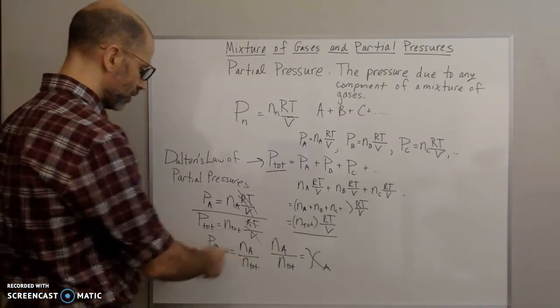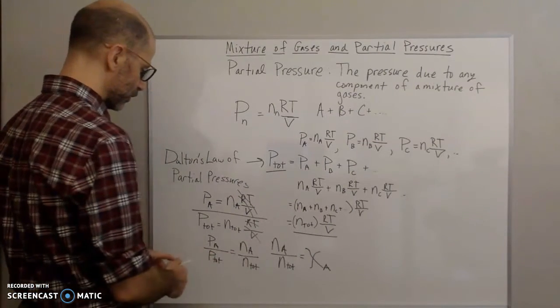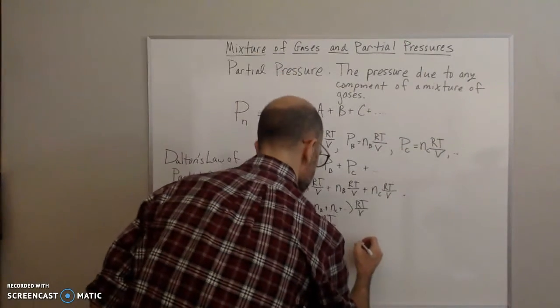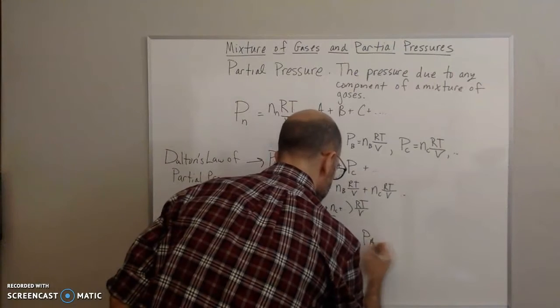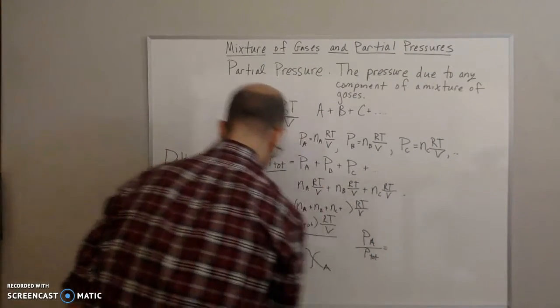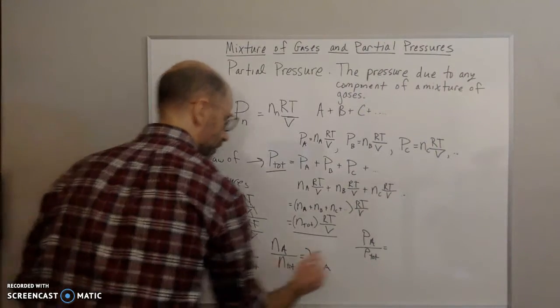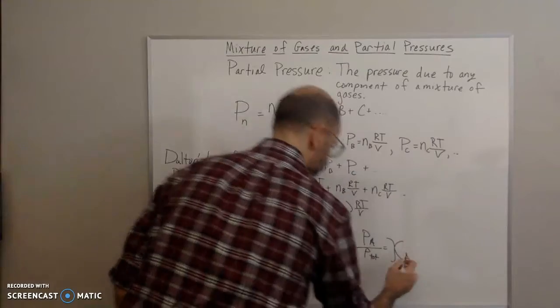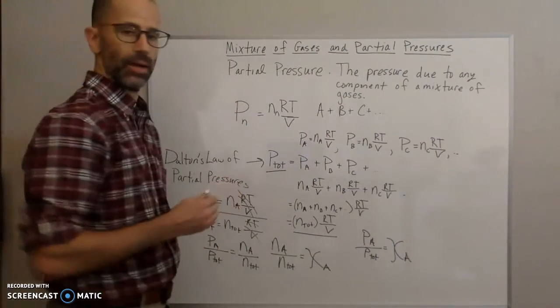Now, if we put this together, we have the pressure of A over the total pressure is equal to this, but that's also equal to the mole fraction of A, right?